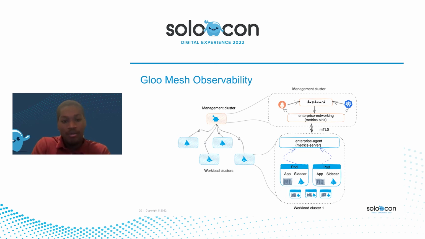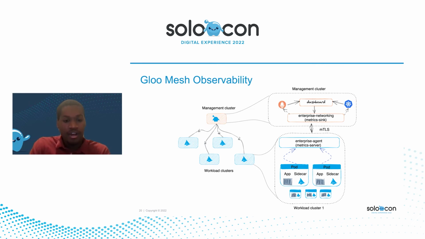But essentially, the way Gloo Mesh really makes observability super powerful for multi-cluster service mesh is that we have our agents in all of our workload clusters forwarding metrics and access logs to the management cluster with an mTLS connection. The agents are also adding additional cluster-specific metadata to all of the data gathered. And then that data, once it gets into the management cluster, can be queried by the Gloo Mesh dashboard and Prometheus that you install yourself.